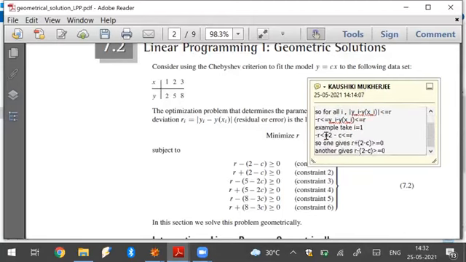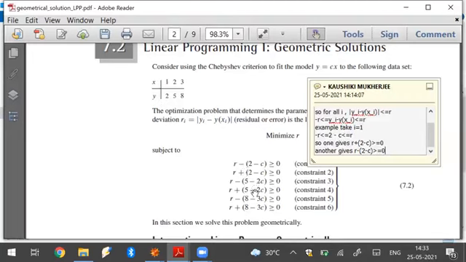Now once you consider this portion, minus r less than or equal to 2 minus c, just bring minus r to this side, so you get r plus 2 minus c greater than or equal to 0. So this is the second constraint you can see here. And again you consider 2 minus c less than or equal to r; from this you get r minus 2 minus c greater than or equal to 0, and this is the first constraint. So once you take the first data point, you are going to get the first two equations.